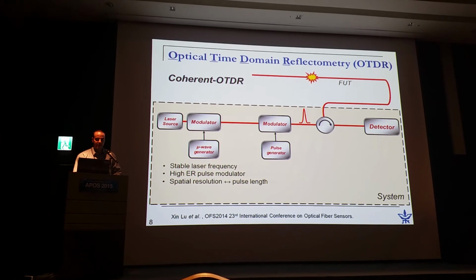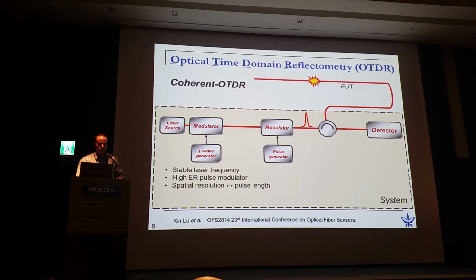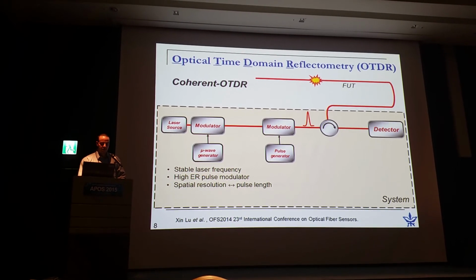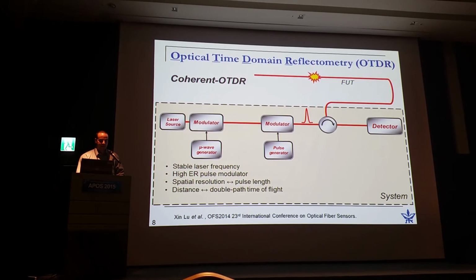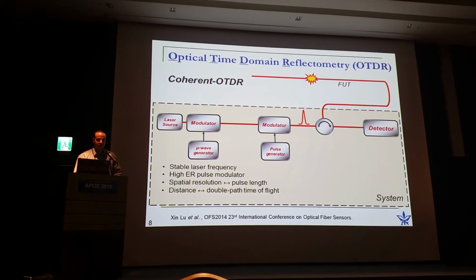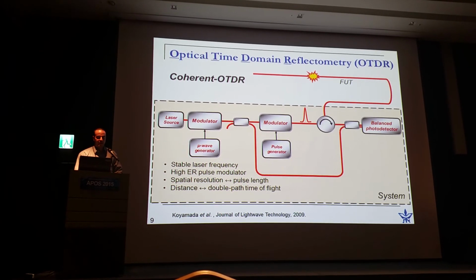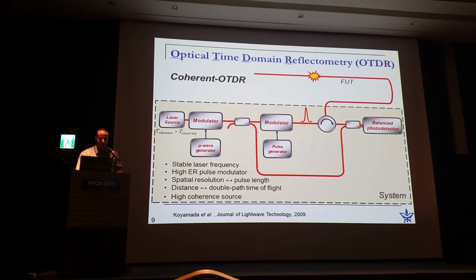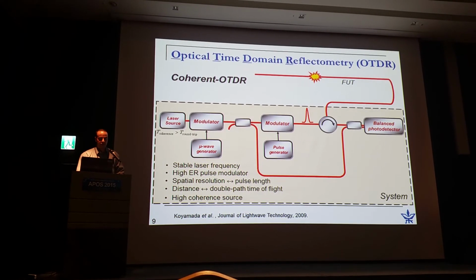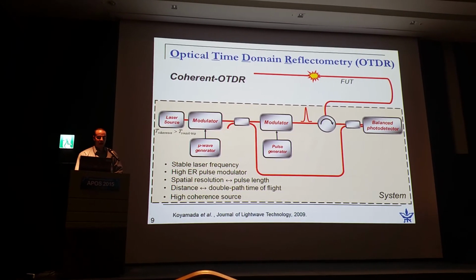This pulse travels along the fiber and is reflected back to the detector. The spatial resolution is determined by the pulse length, and the distance is derived from the time of flight, of course. Some authors use a reference arm for increasing the signal-to-noise ratio. This, of course, requires a highly coherent source.